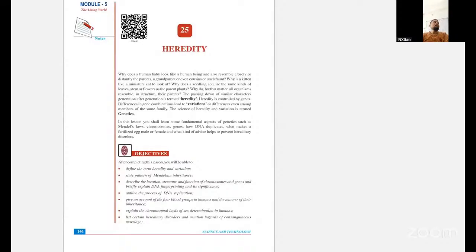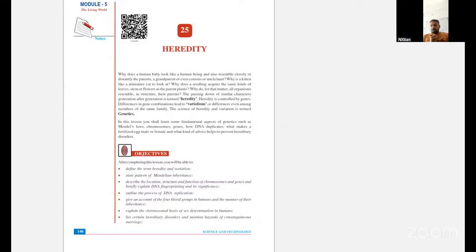Heredity is like some characters, or we can say most of the characters, are basically inherited from parents to the offspring. Okay. So, for example, just now we have Zoe. I saw you in the classes also. Zoe looks like some characters look like his father, and some look like his mother.